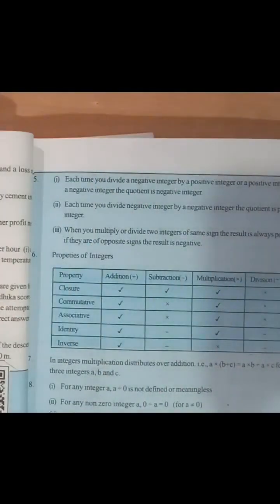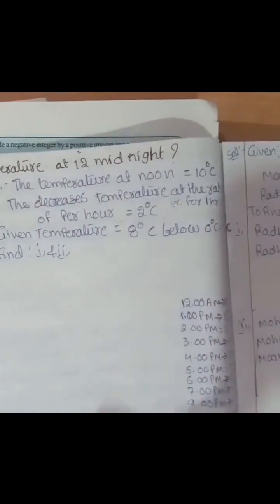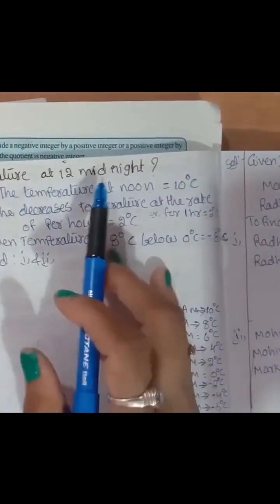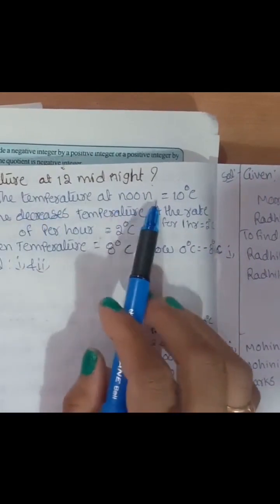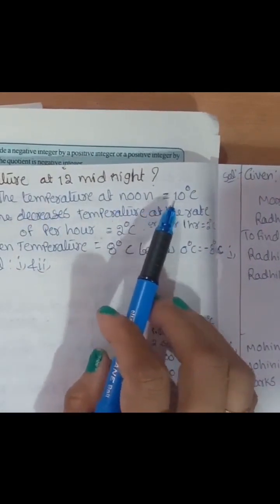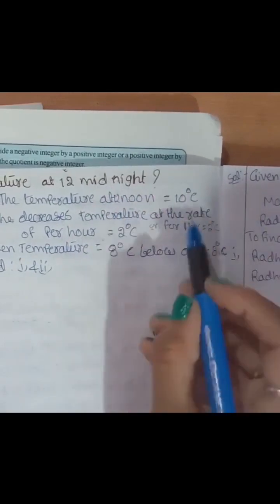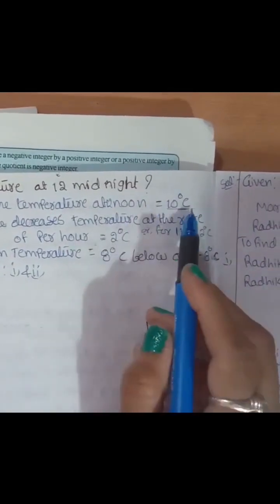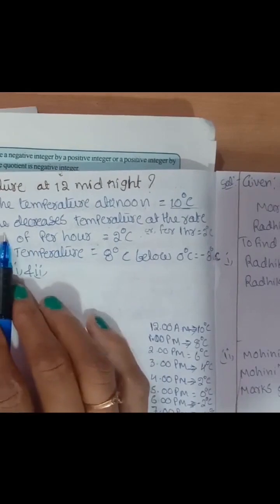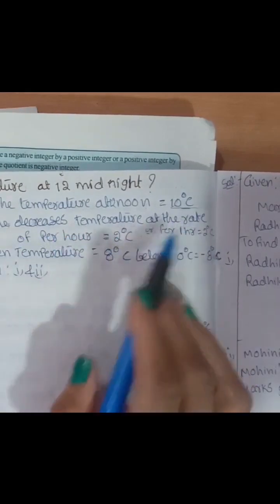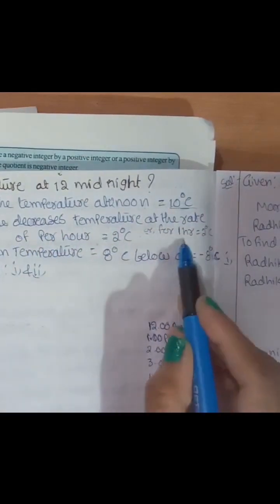Next, first of all the solution. First write down the given data in your problem. The temperature at 12 noon is 10 degrees centigrade. Next, the temperature decreases at the rate of 2 degrees centigrade for 1 hour.